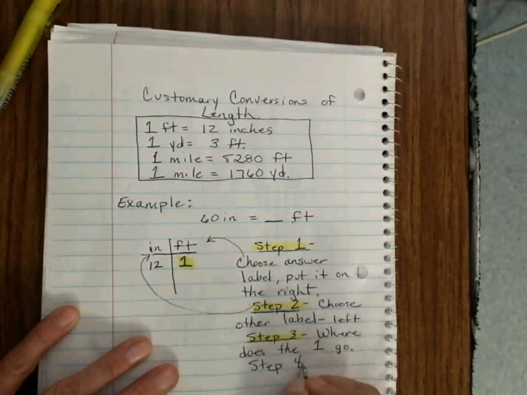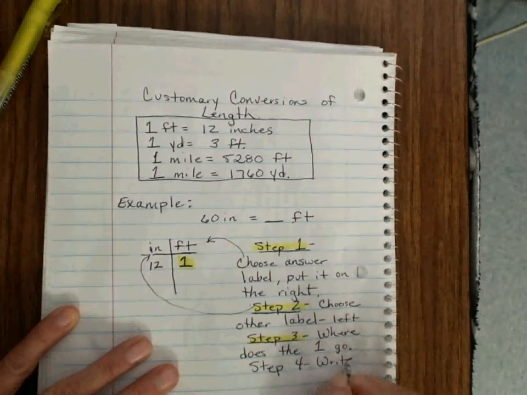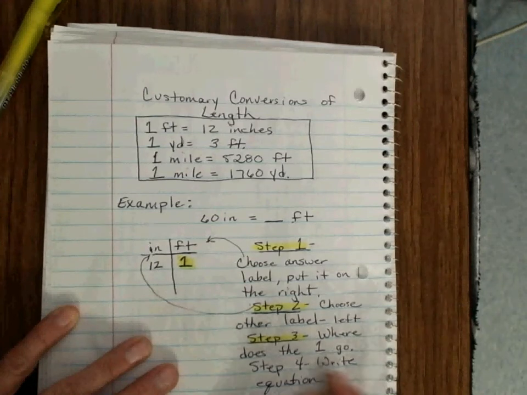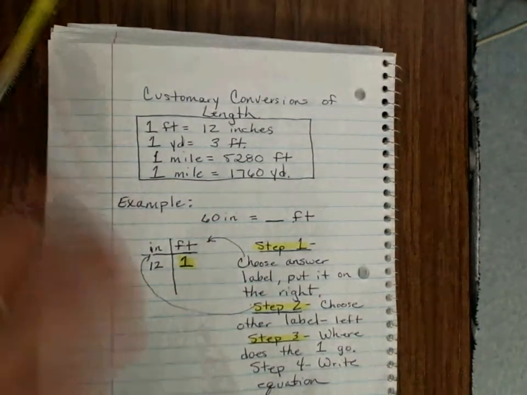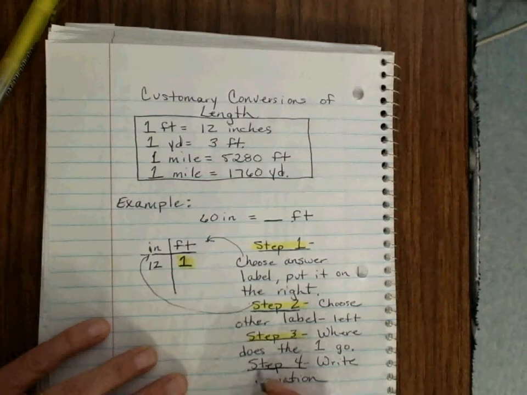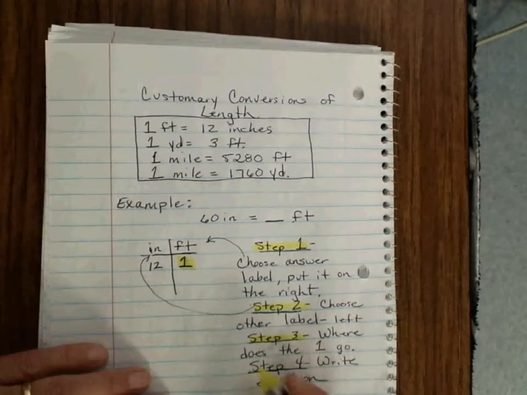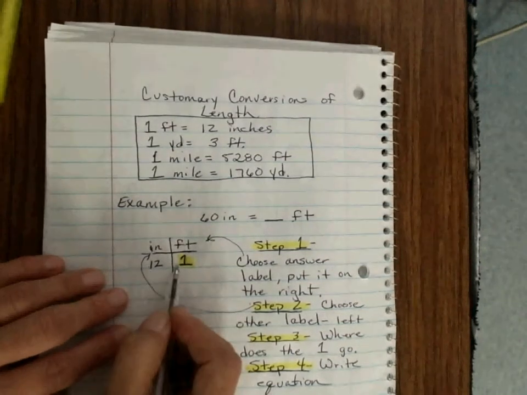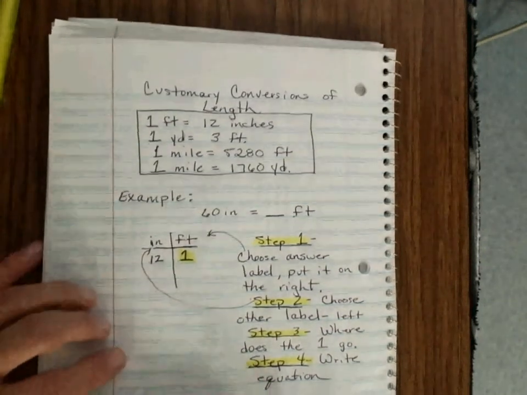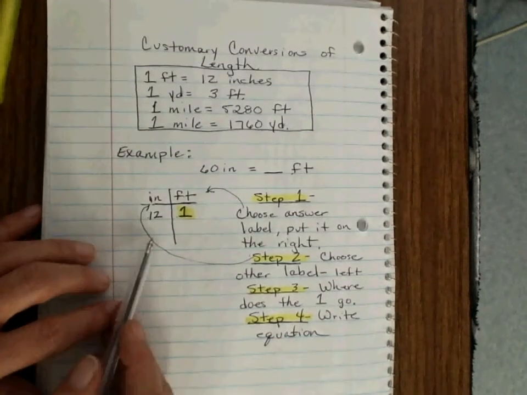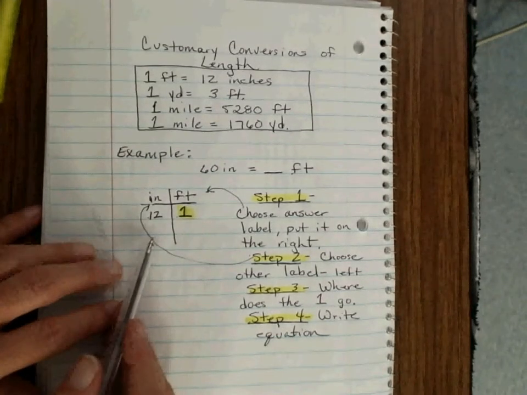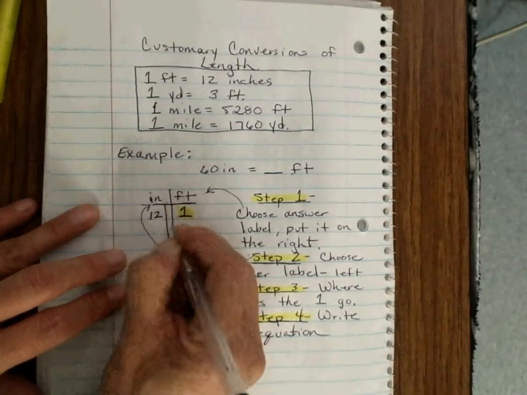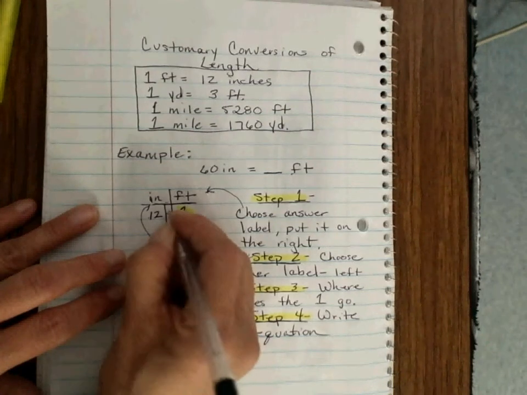So step 4, write an equation. In this case, I'm going to ask myself, how did I get from 12 to 1? Did I multiply or did I divide? Well, if I'm going from a smaller number to a larger number, I'm dividing, right? So that means that I am dividing by 12.